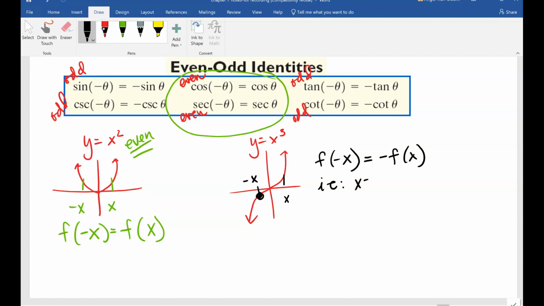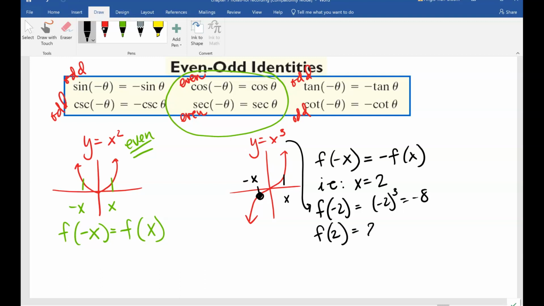So what if x equals 2? Then if I'm testing this function right here, f of -2, which is really -2 to the third power, is -8. Obviously, it's not going to be the same as f of 2, because 2 to the third is 8. But what if we go, okay, -1 times that?